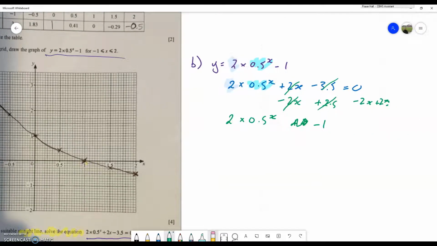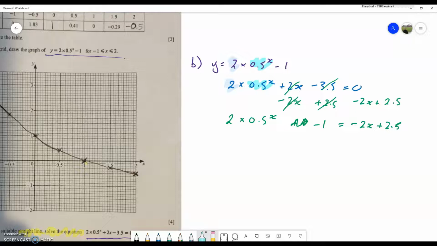Sorry, I'll move that over. Meaning that our equation's been rearranged to end up with minus 2x plus 2.5 on the right-hand side.